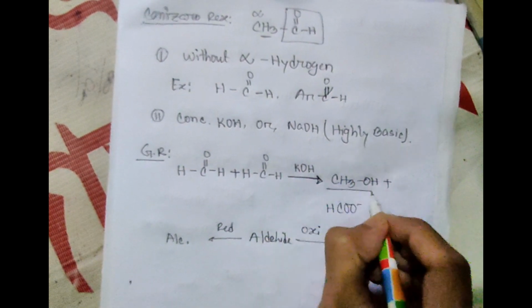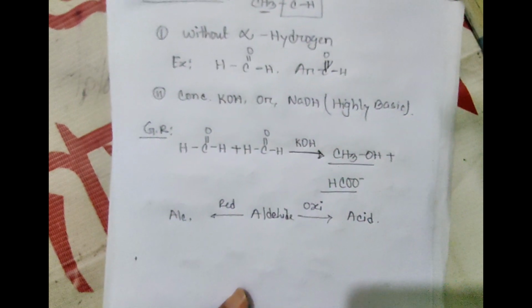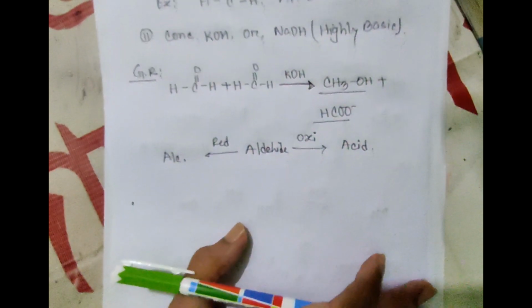So here this is the alcohol and this is the carboxylic acid. So we can say this reaction is all about oxidation and reduction. Let's see its mechanism, how this reaction happens.